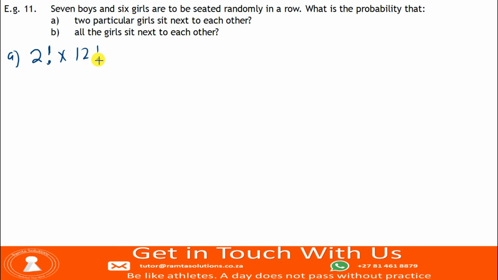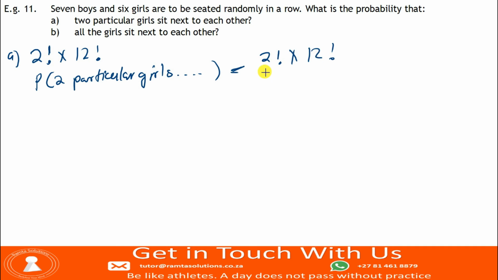Okay? Perfect. Now the probability that two particular girls sit next to each other is 2 factorial times 12 factorial all over 13 factorial.